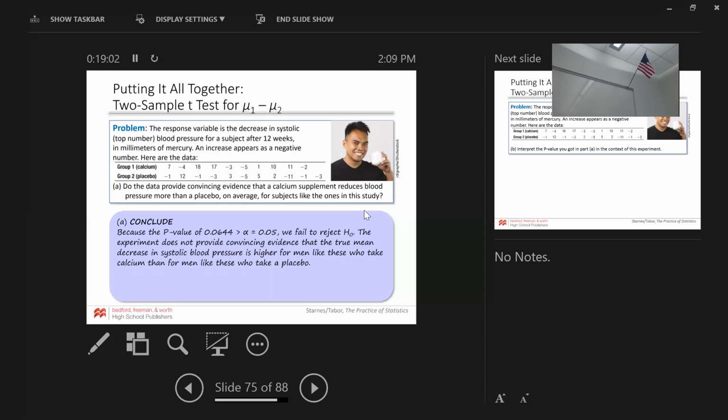Zero's in there. 0 has to be in there. Why? Because the null is that there's no difference. The null is the difference equals 0. And we already failed to reject the null, because if the p-value is higher than the alpha level, we're in the body. And we F2R.